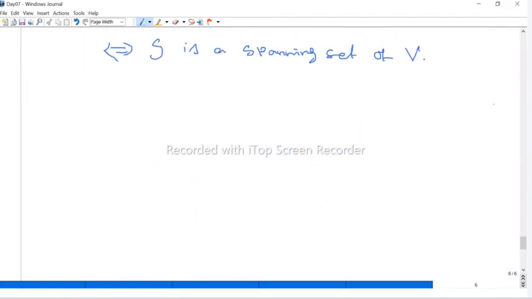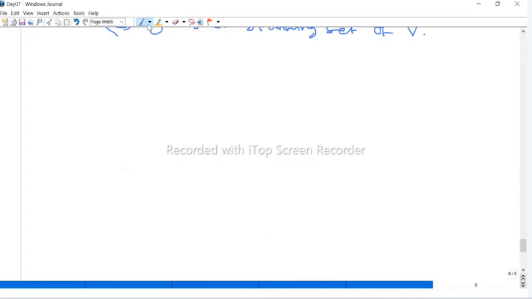For example, in R2, the standard basis is a spanning set. In R2, if you take e1 as the standard basis vector (1, 0) and e2 as (0, 1), then e1, e2 span the entire set.